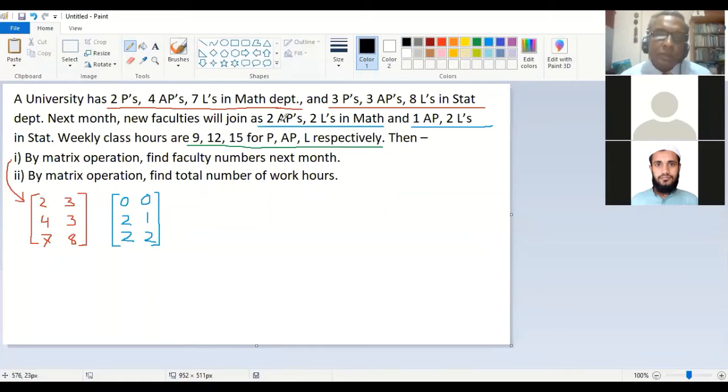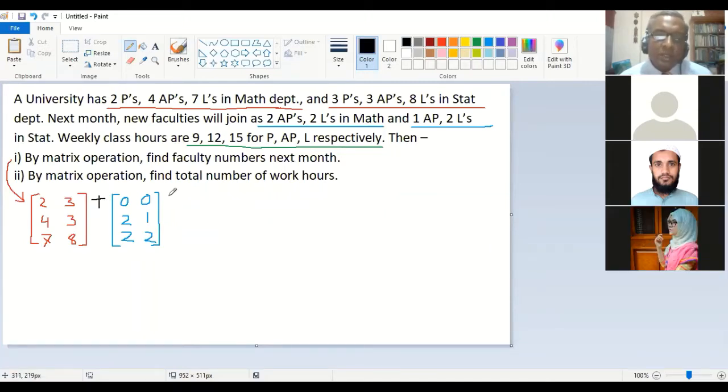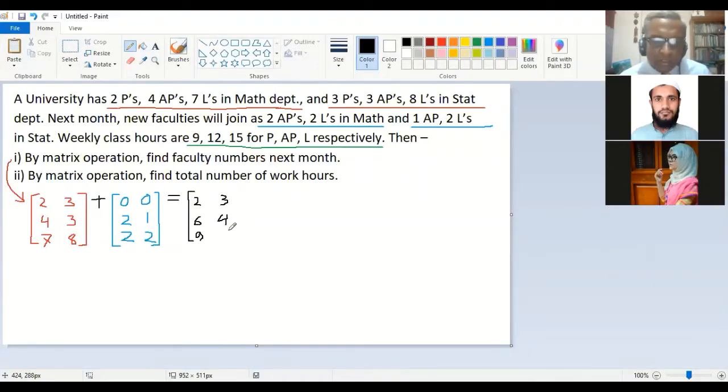You understand my point? So if you add these two matrices, using the plus sign and then the equal sign, you will get the answer. The answer will be very simple: 2, 3, and 6, 4, and 9, 10.